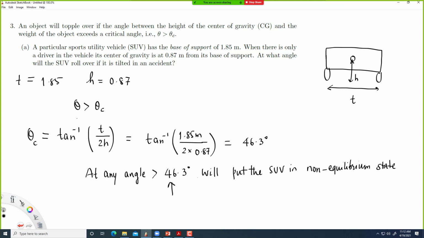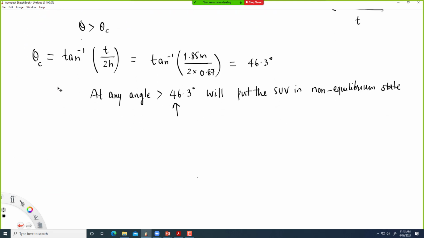Okay, so that's part A. For part B, let's see what part B is.